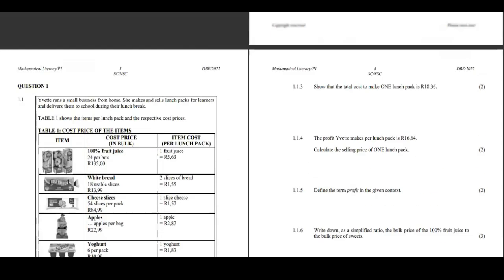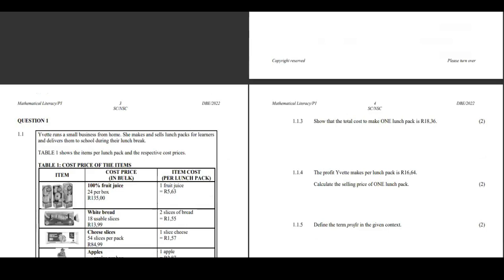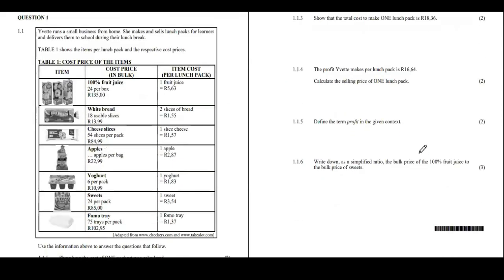All right, let's look at question number 1.1.3, which asks us to show how the total cost to make one lunch pack is R18.